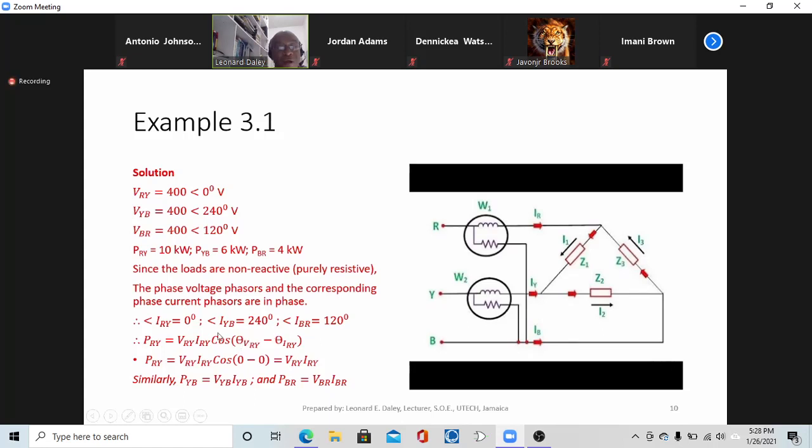So for each of the phases, the power factor will be 1, since they are purely resistive loads. So PRY is equal to VRY times IRY, and similarly, PYB is equal to VYB times IYB.